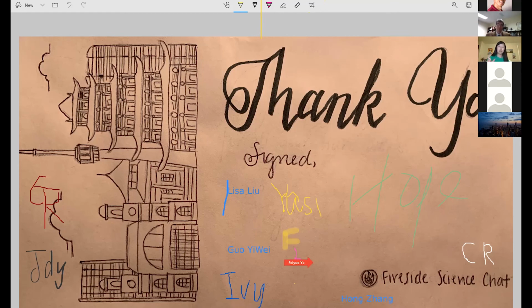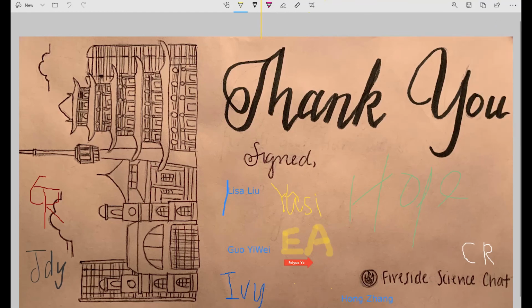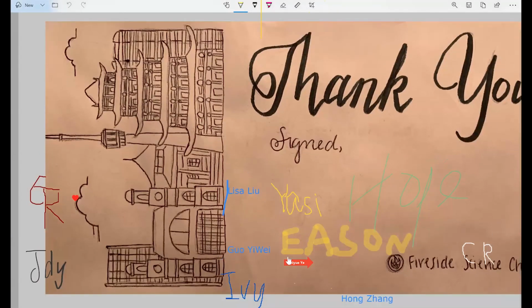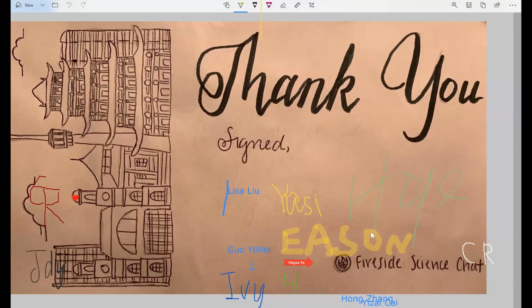It should be on the bottom left where all your other functions are, like your mute, stop video, those buttons. There should be one called annotate. And then once you press it, there's a few options like mouse, select, text, draw, stamp. You can use draw to sign your name, or you can use text to just type it out. And then you can change the color, you can add stickers, etc.